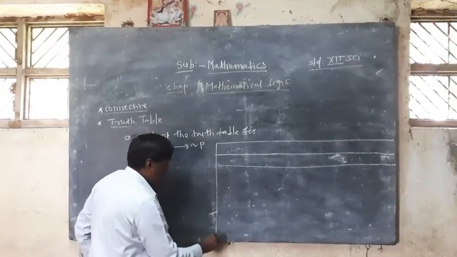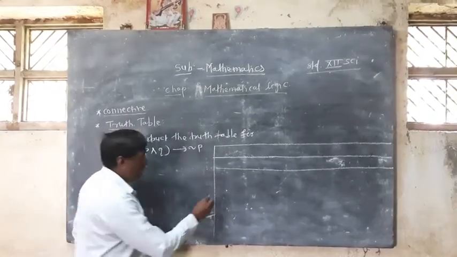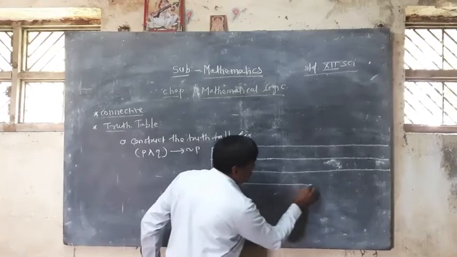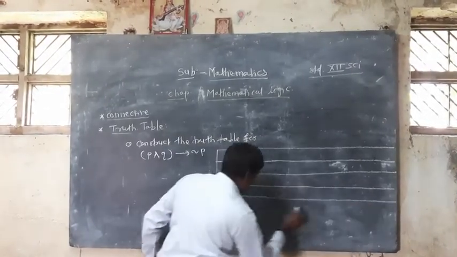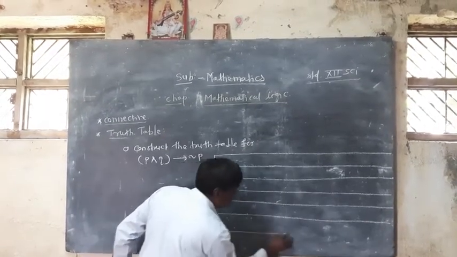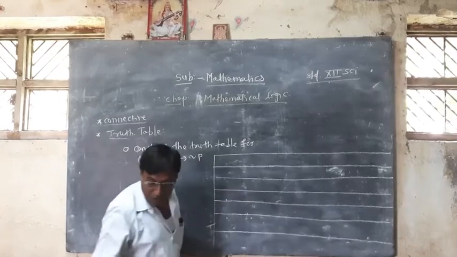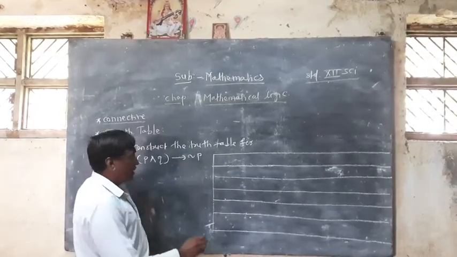Now here the main statements are 2, that's why we require 4 rows. I will construct the rows here: this is first, second, third, and this is the fourth. So totally I require here 6 rows, 2 for naming and 4 for the entries.